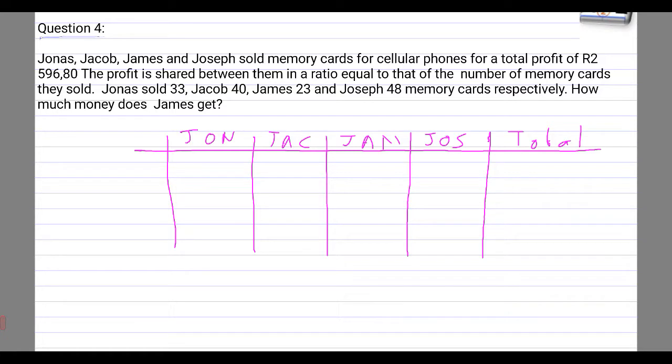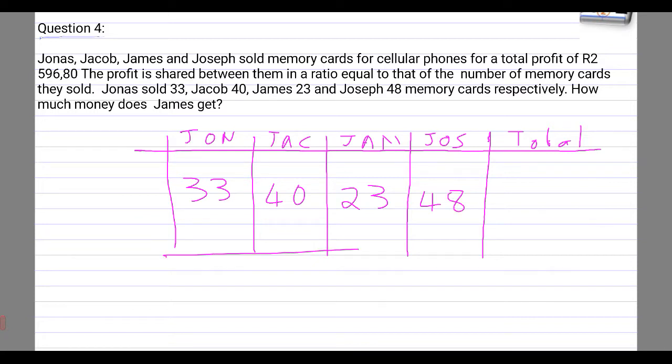We're told that Jonas sold 33, Jacob sold 40, James sold 23, and Joseph sold 48.